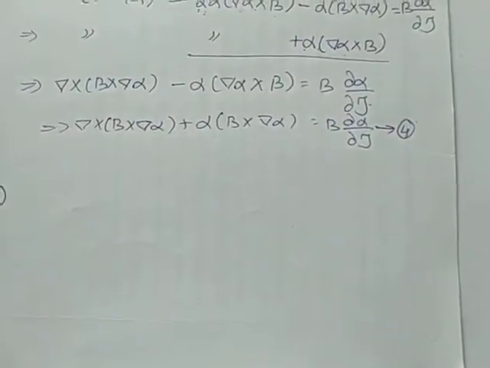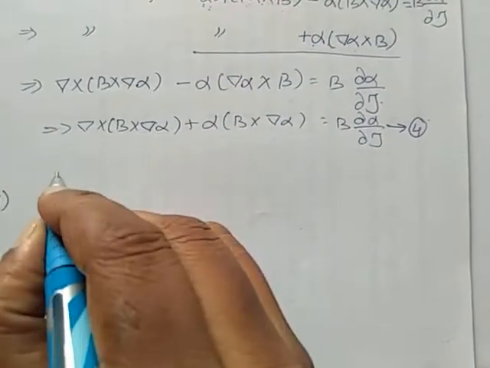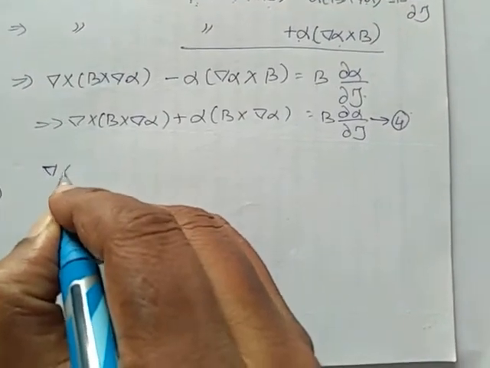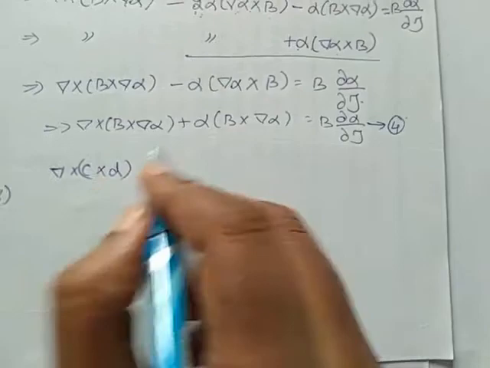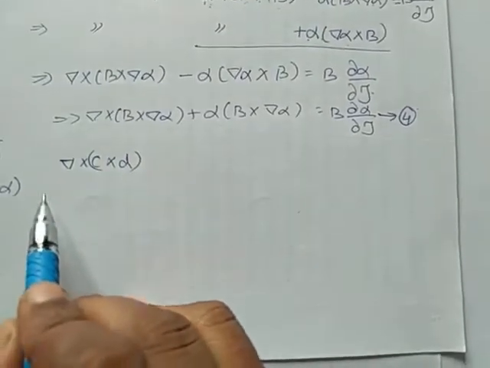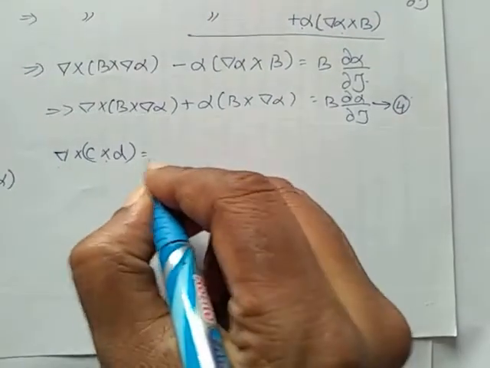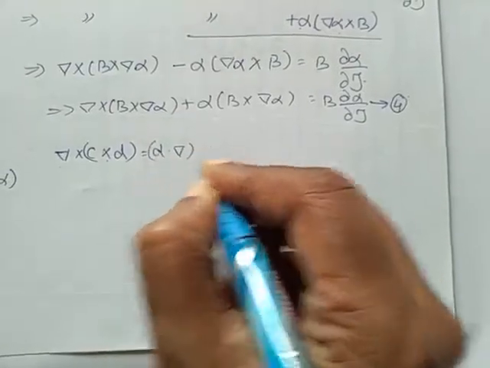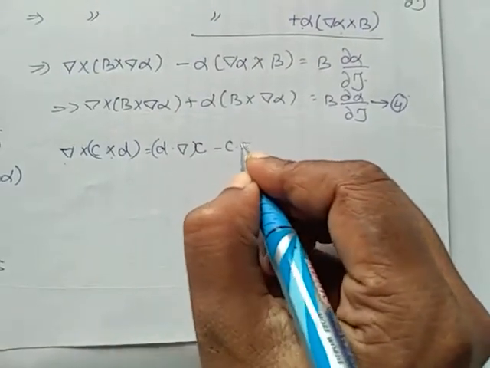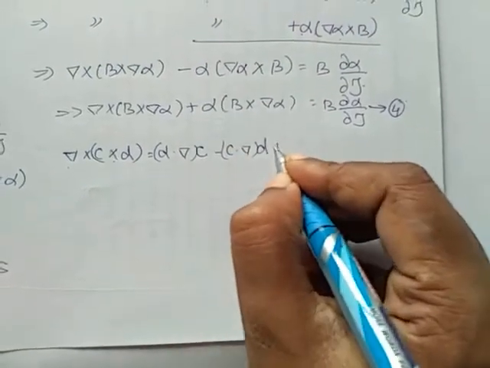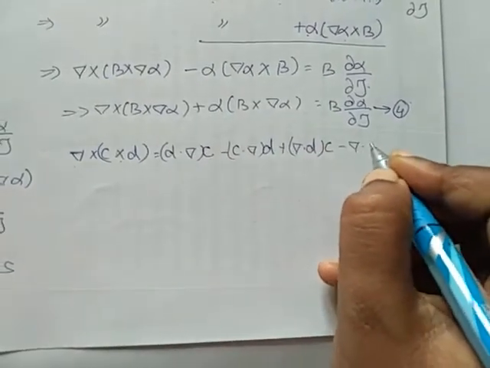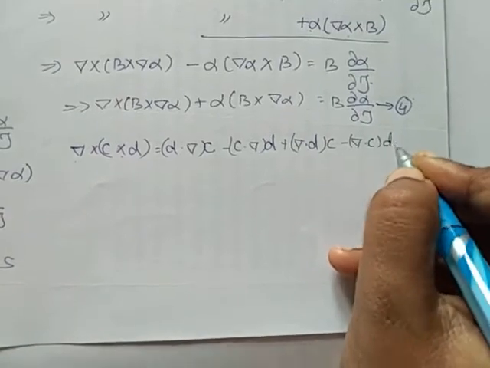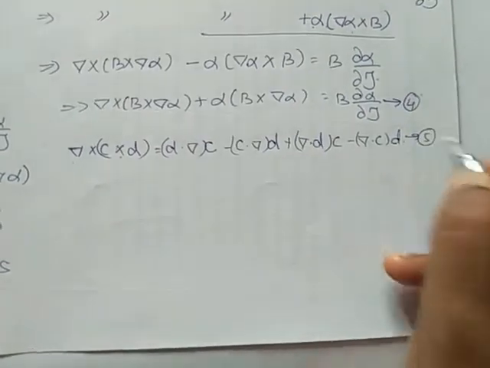Now I am going to consider a vector identity, del cross C cross D. To find this, I am going to consider del cross C cross D as D dot del C minus C dot del D plus del dot D C minus del dot C D. I'll take this as equation 5.